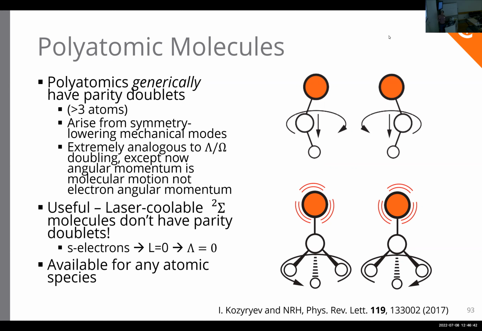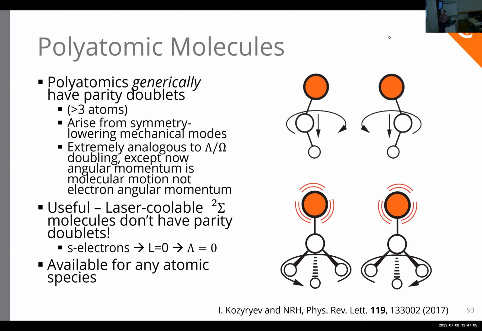And the reason that's useful is because doublet sigma molecules don't have parity doublets. That's one of the drawbacks of these diatomic molecules I was listing, like YbF or HgF. They're doublet sigma states. As I showed on the earlier slide, their closest states of opposite parity are rotational states. They don't have parity doublets. These states do.